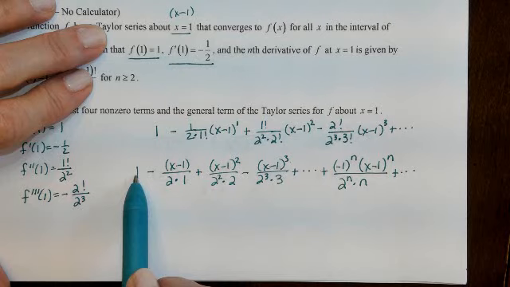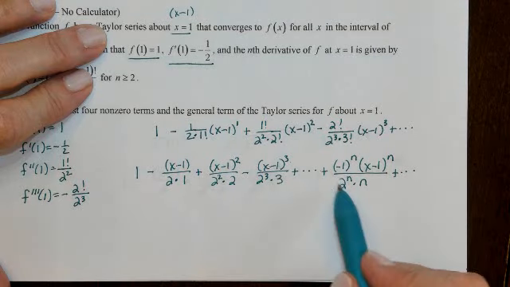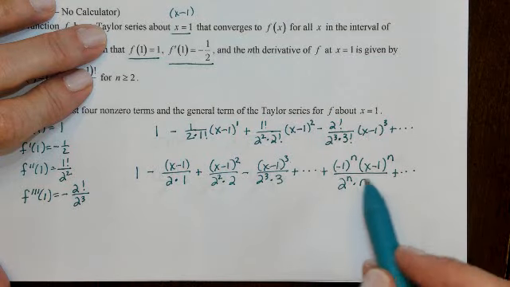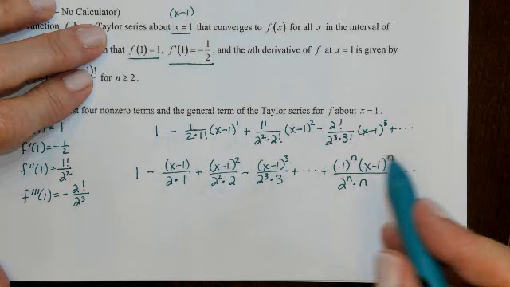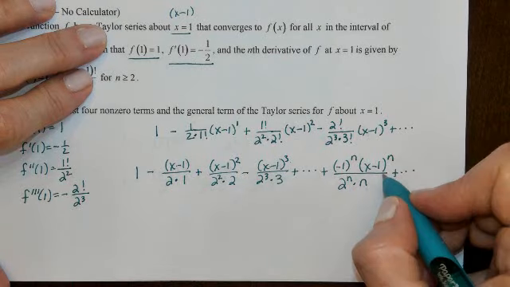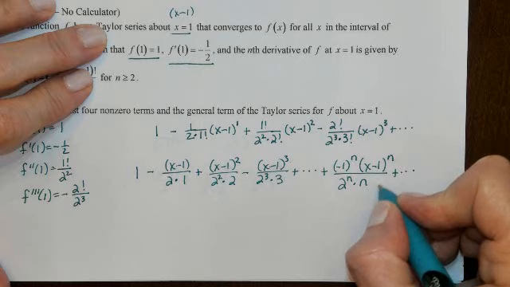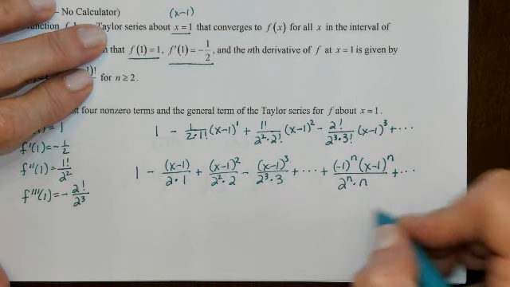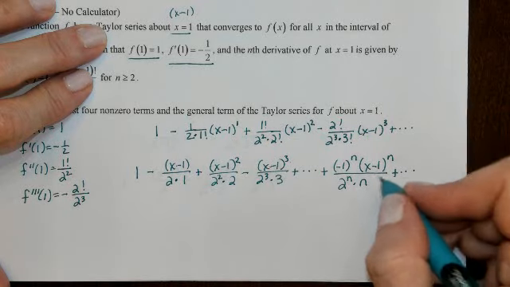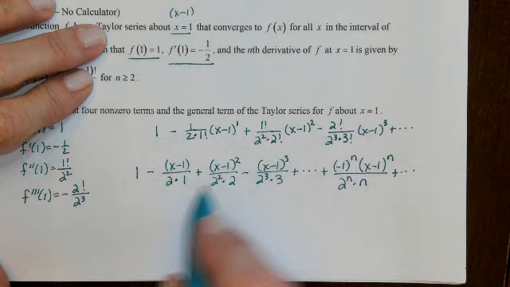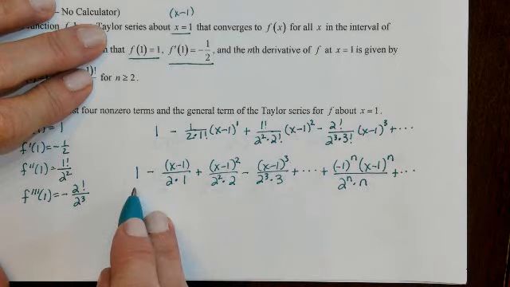The answer is no. And I played with this, and I tried to change it. Maybe I need to start n at 1. Maybe I want n plus 1 here, or something like that? And the answer is there's no way to change this to get that 1 right there.